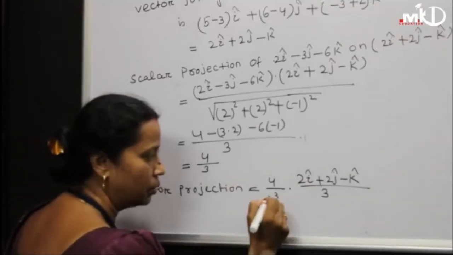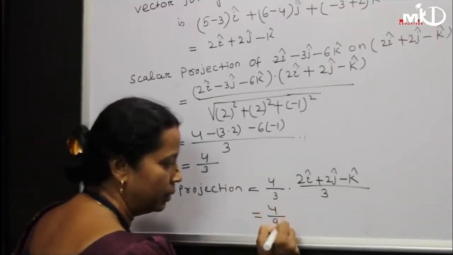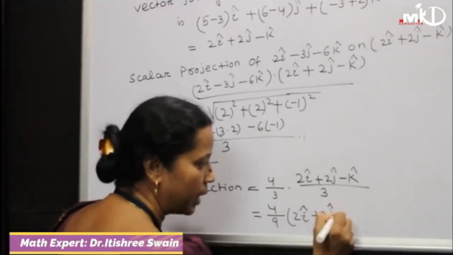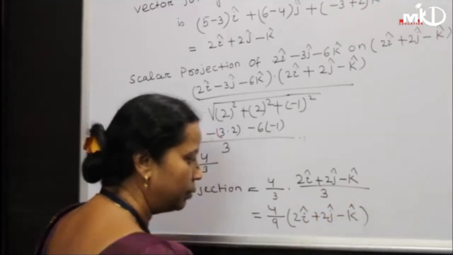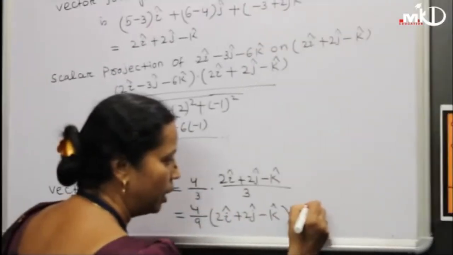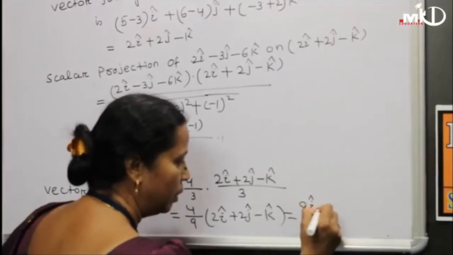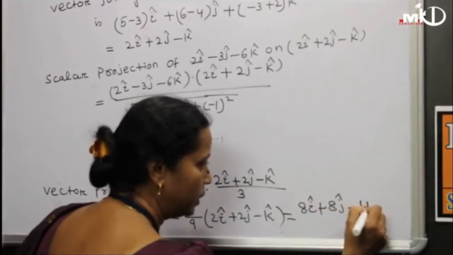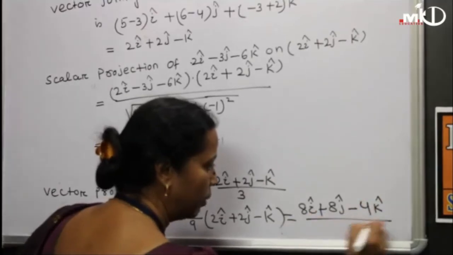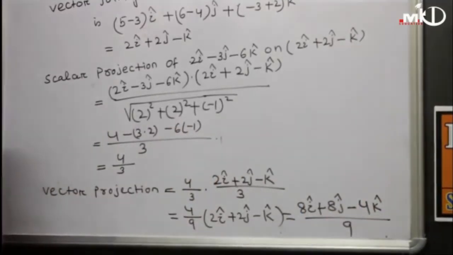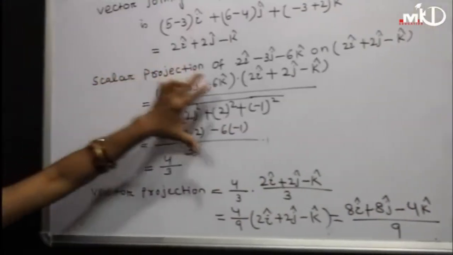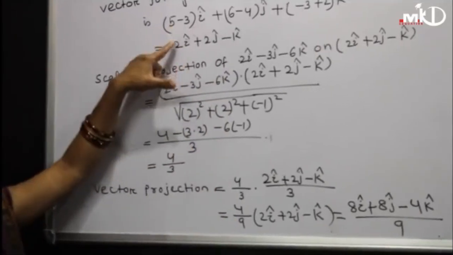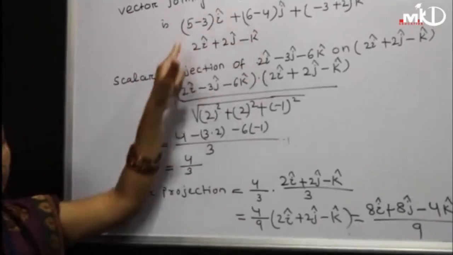So it is equal to 4 by 9 into 2 i cap plus 2 j cap minus k cap, which is equal to 8 i cap plus 8 j cap minus 4 k cap by 9. So friends, this is our scalar projection and this is the vector projection of this vector on this vector.